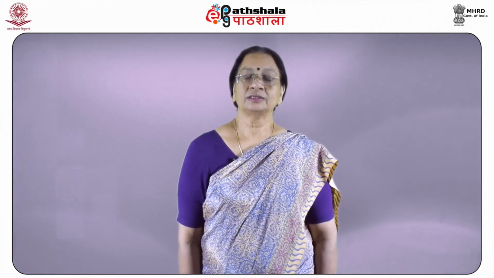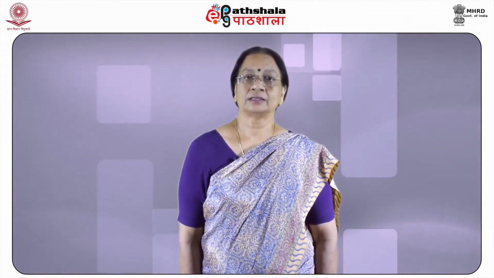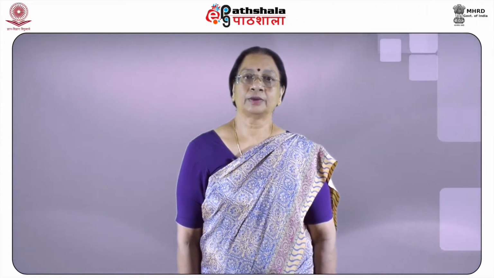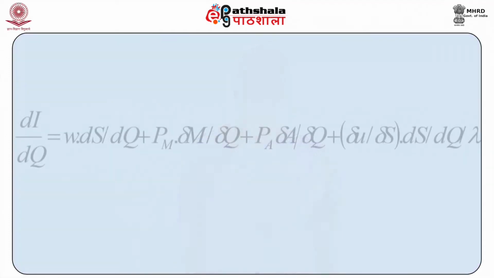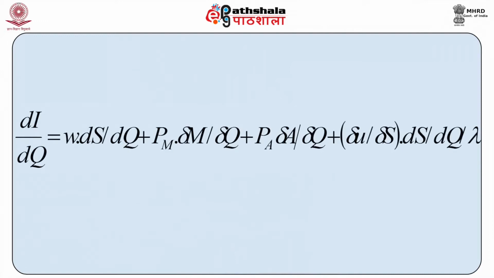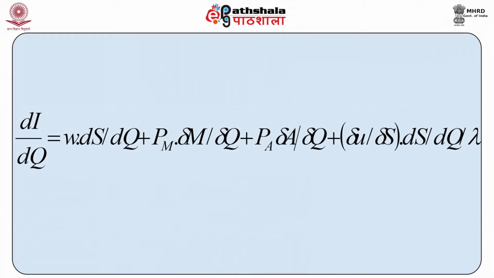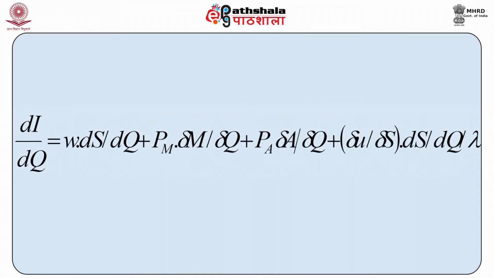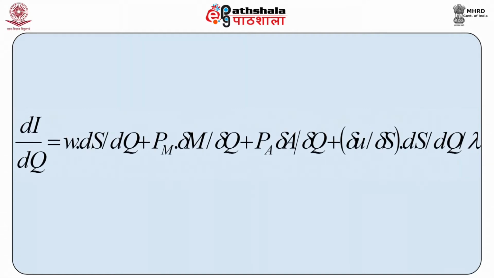By differentiating the indirect utility functions and solving, we obtain the marginal willingness to pay equation as follows. dI by dQ is equal to W times dS by dQ plus PM times delta M by delta Q plus PA times delta A by delta Q plus the bracket delta U by dS multiplied by dS by dQ, divided by lambda.